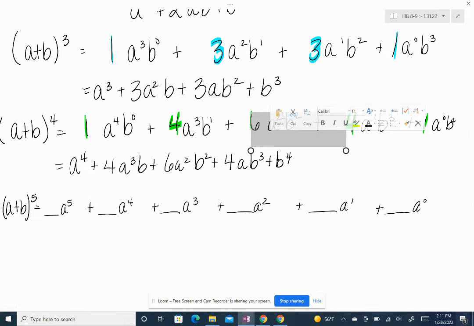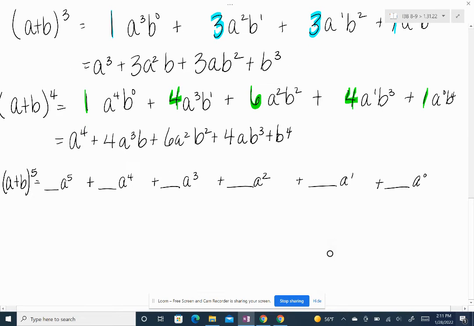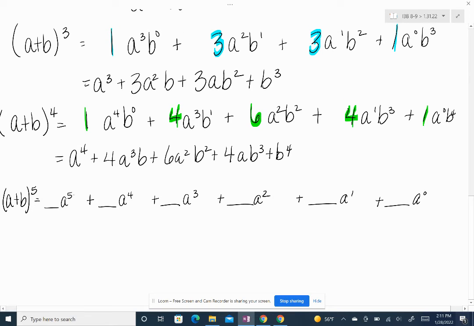Okay. So now we'll do B's. So B0, B1, B2, B3, B4, B5. Remember, this one matches this one, and this one should match this coefficient here, okay?